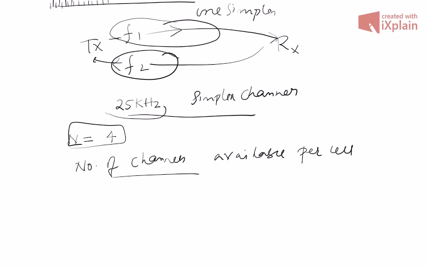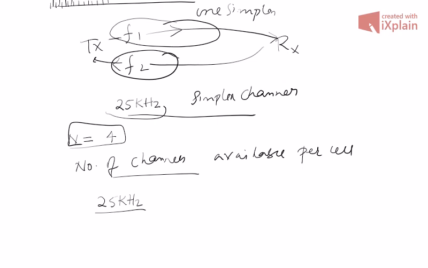you see what is the bandwidth of a full duplex channel. A simplex channel has bandwidth 25 kilohertz. The 25 kilohertz bandwidth is provided for simplex communication, that is, suppose from transmitter to receiver, similarly from receiver to transmitter.